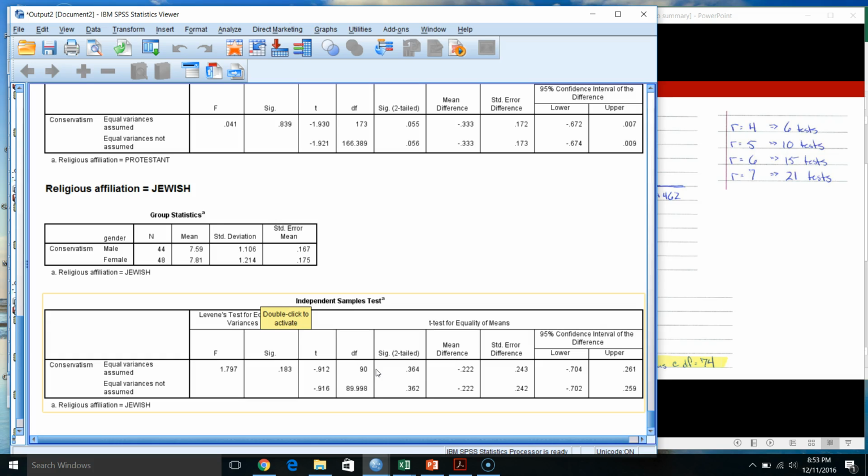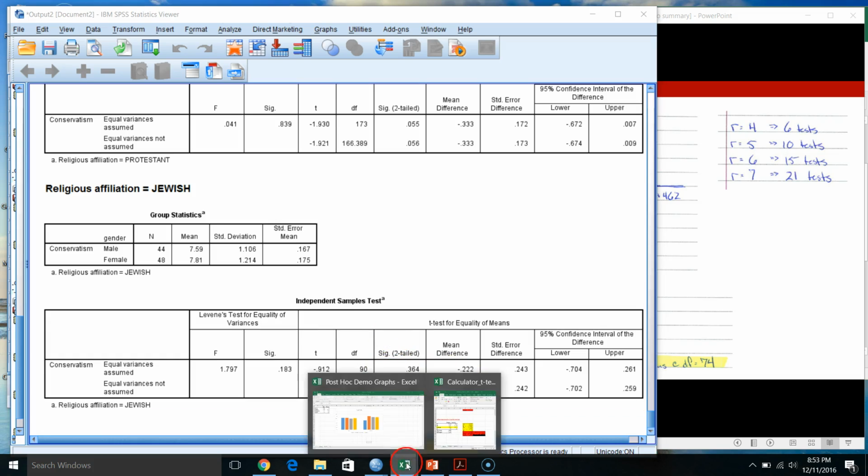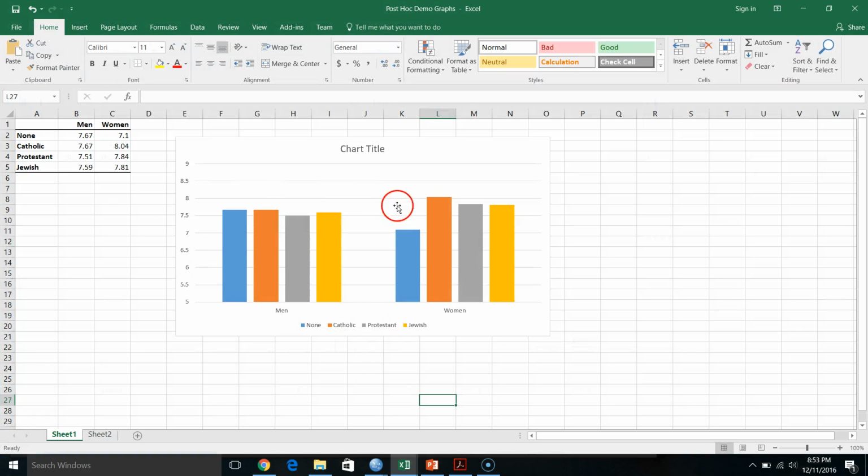So what we've got, if we're looking at our tests here, is that none of our male-female comparisons across each one of our religious groups is registering as statistically significant. And so it looks like the only real difference that we're getting here, at least after we've corrected for all these comparisons, is this reliable difference between our unaffiliated women and our Catholic women, with some marginal effects maybe here and here.